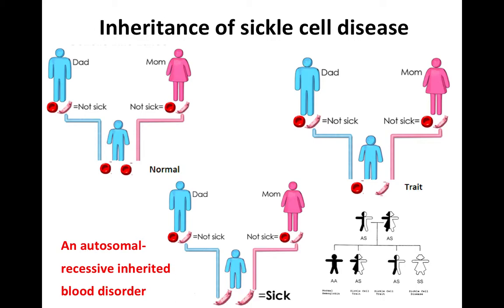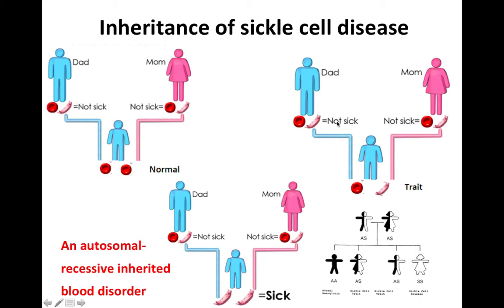This is a hypothetical picture I have shown you, with both mother and father. I have taken them just as a heterozygous condition. They are the trait or the carriers. They are heterozygous, having one copy of the normal hemoglobin and the other copy of the sickle hemoglobin.